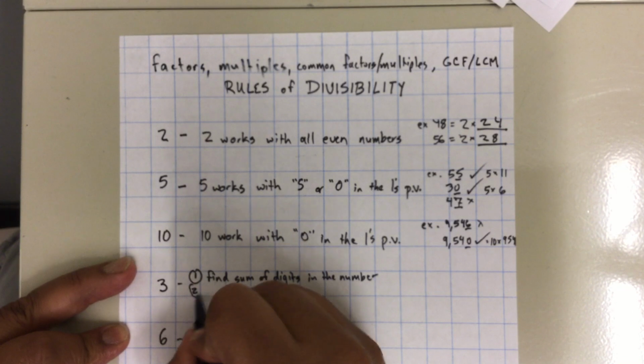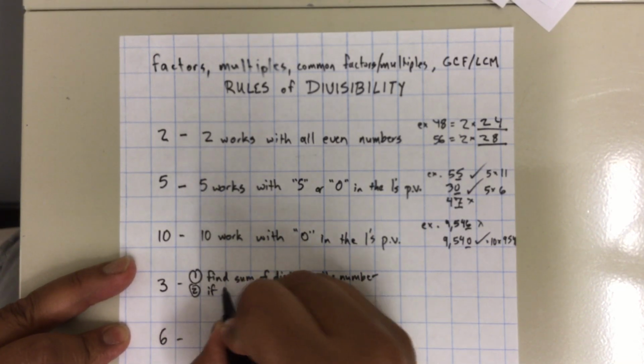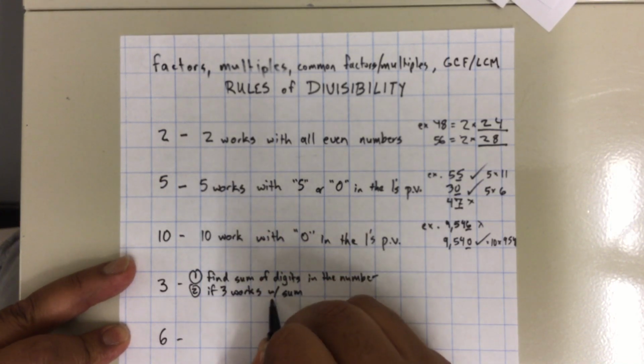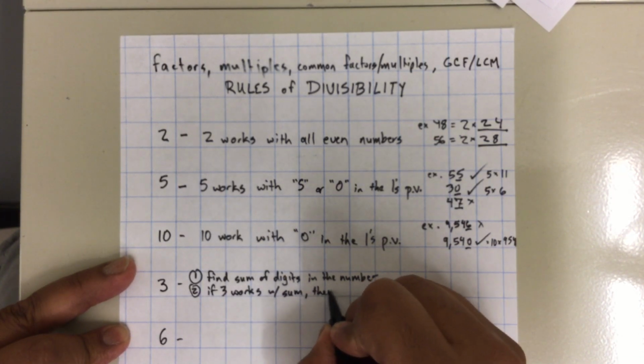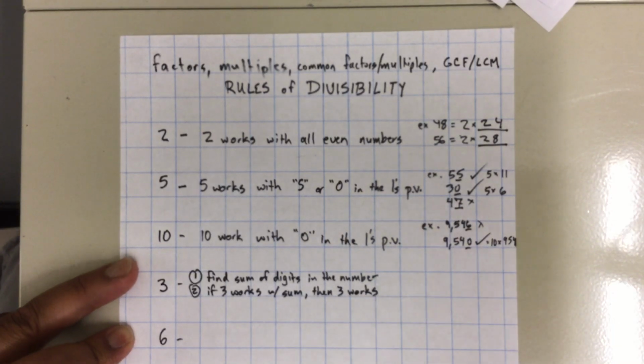And then, once you found that sum, if 3 works with the sum, that's my shorthand for with, by the way, then 3 works with the whole thing.